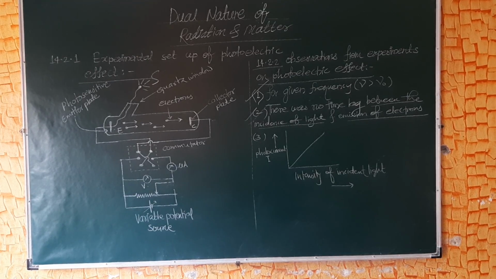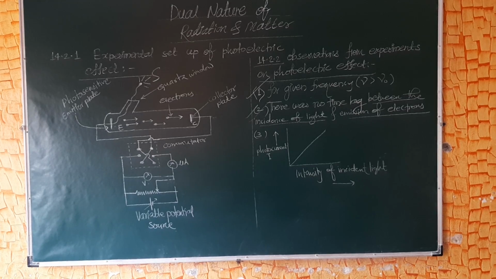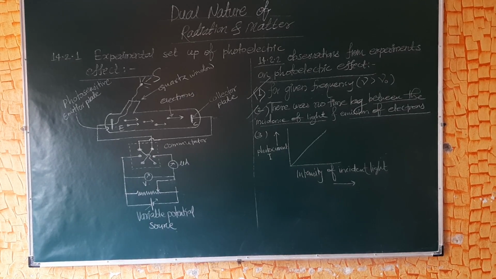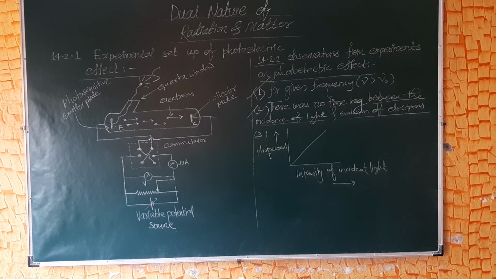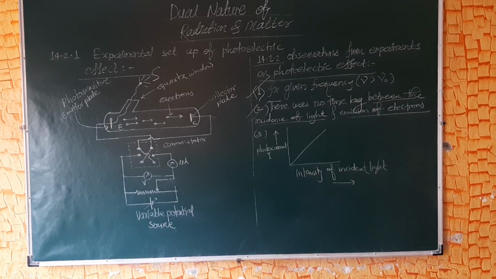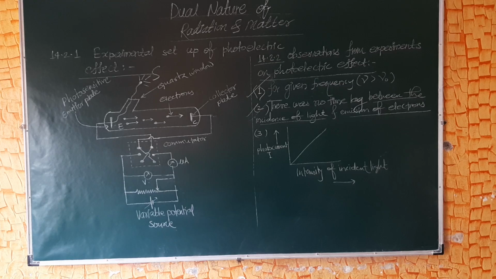Nu naught was the same for a given metal and was different for different metals used as the emitter. So for a given frequency nu greater than nu naught of the incident radiation, no matter how feeble the light, meaning however small the intensity of radiation, electrons were always emitted.